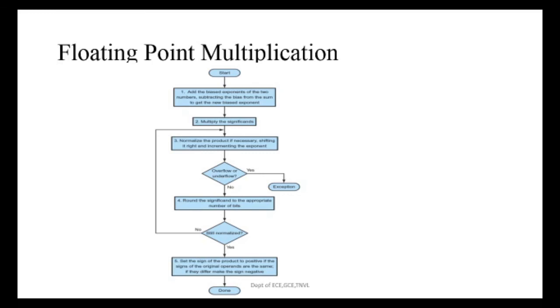In addition, the first step is that we compare the exponents of the two numbers and shift the lesser exponent to make it equal to the larger exponent. Whereas here, step 1 is that we need to add the biased exponents of the two numbers, subtracting the bias from the sum to get the new biased exponent. So this is the difference.